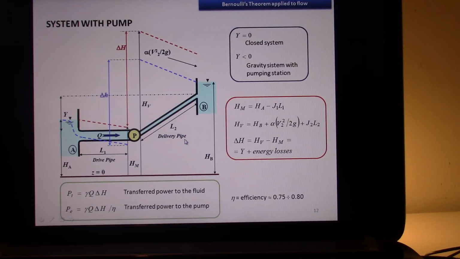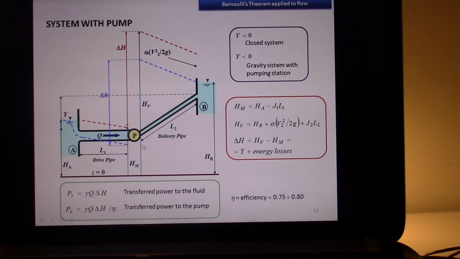Alright, so again we have HM, which is the total head before the pump, and this will be the total head in A minus the distributed losses along pipe number 1, so J1 L1. In HV you will have again HB plus the kinetic height, so alpha that multiplies u2 to the power of 2 over 2g, plus J2 L2.